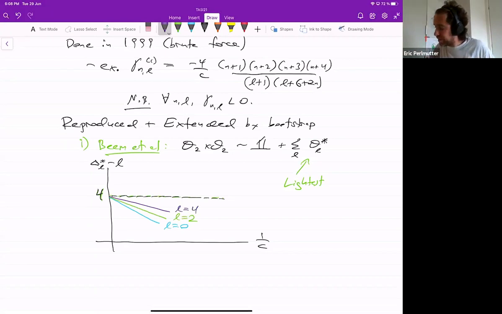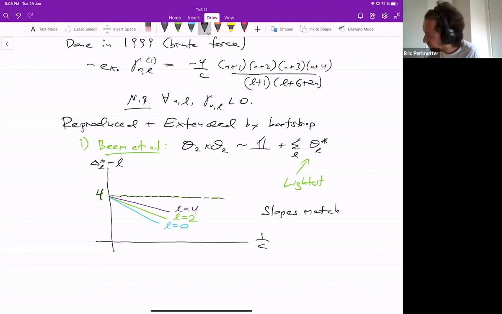So we want to look at this plot near infinite central charge. Okay, so near this region where they hit 4. So all these lines hit 4, and the slopes of these lines all match the formula that I gave on the top half of this slide, where you plug in n equals 0 to get the leading twist guy of spin L, and you plug in either L equals 0, 2, or 4.